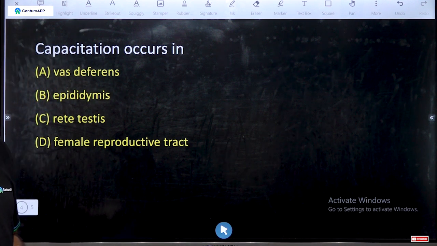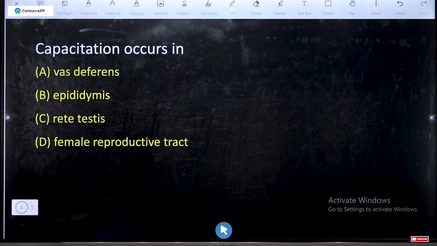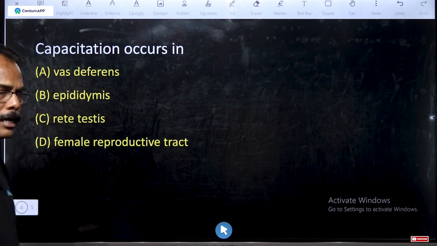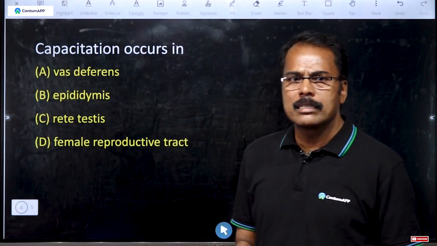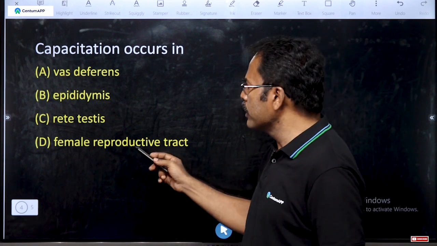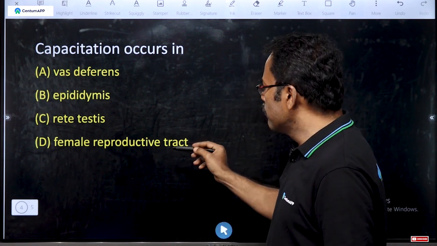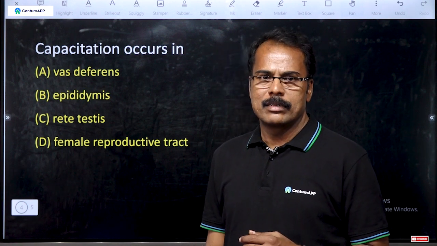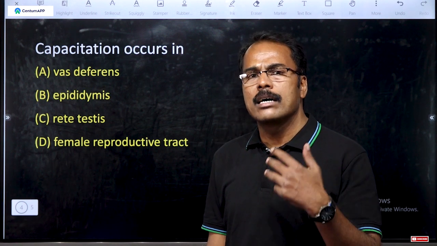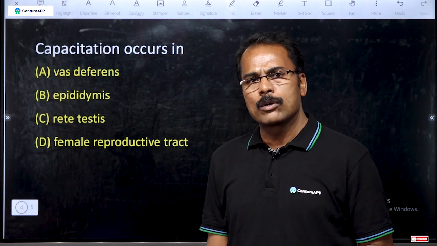But in the female reproductive tract the sperms undergo capacitation, that is the modification leading to functional maturity. For example, in the female reproductive tract, secretions will be released. Such secretions act on the acrosome.